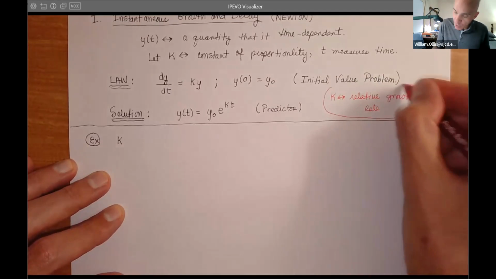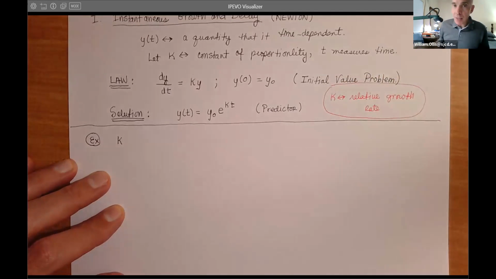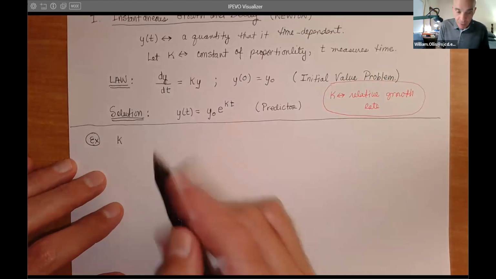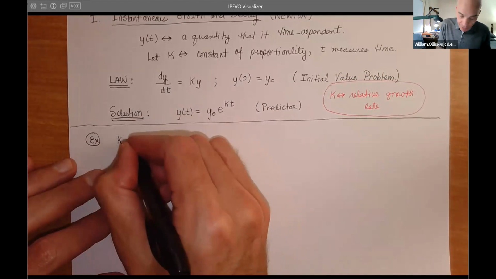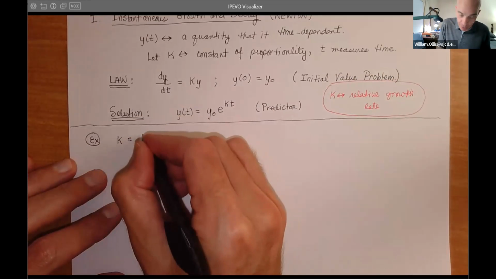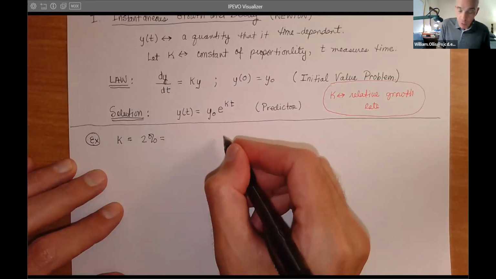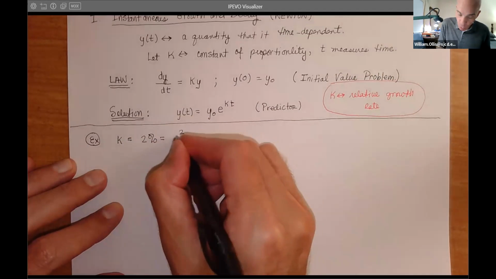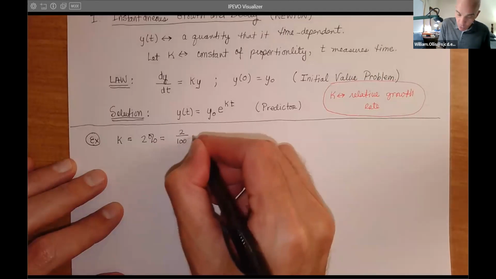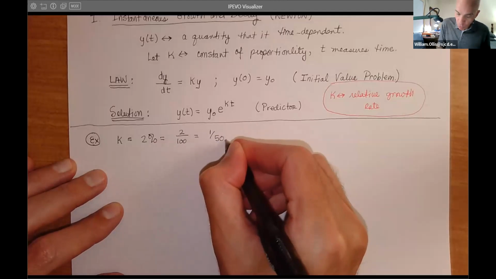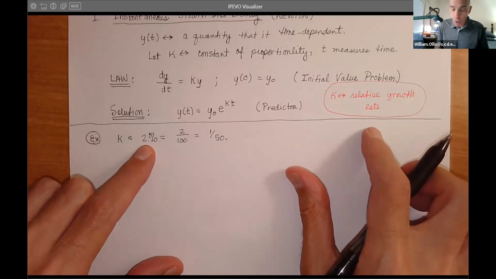That's a phrase that's sometimes used to describe this proportionality constant K, as I've written right here. So in this case, we're given that K is 2%. And of course, we'll convert that to a fraction. So this will be 2 over 100, or just 1 over 50. So we're given K as a relative growth rate.